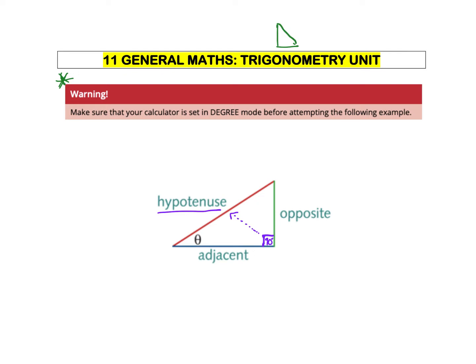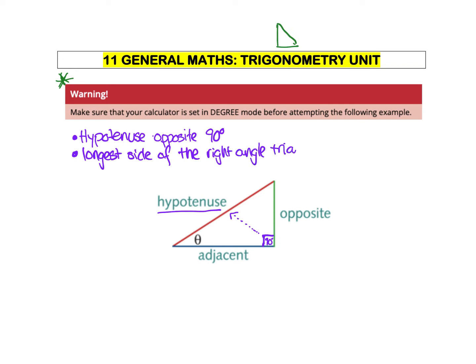The hypotenuse is opposite the 90 degrees, and if you take note, it is the longest side of the right angle triangle, okay?